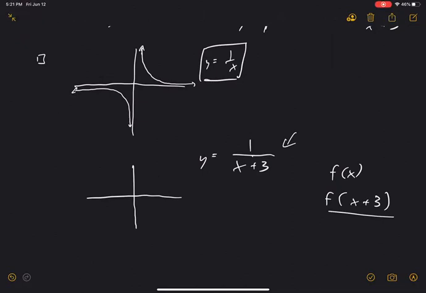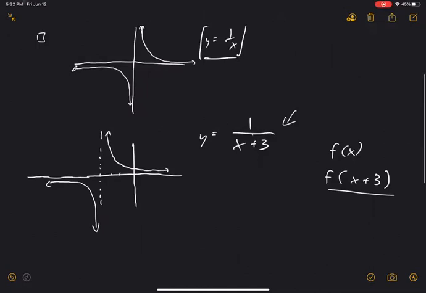This vertical asymptote in our top graph, which is right on top of the y-axis, is going to be shifted left by 3. So like 1, 2, 3. Okay, so our vertical asymptote's here, and then our graph is the same. It's just been shifted left by 3. So we've taken care of the plus 3.